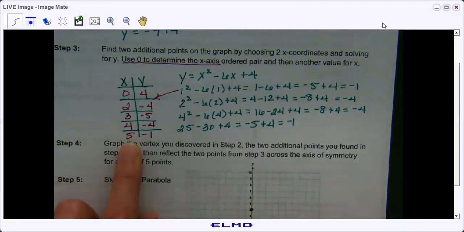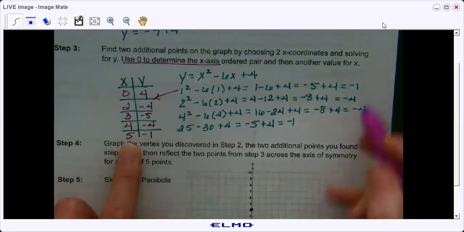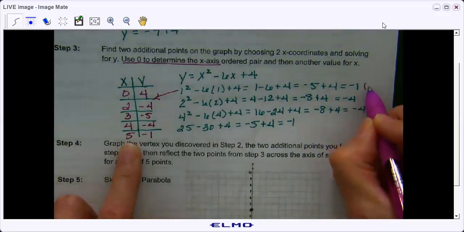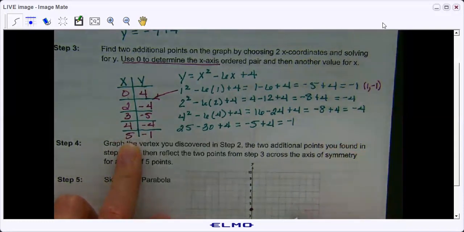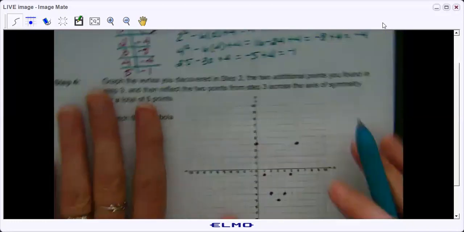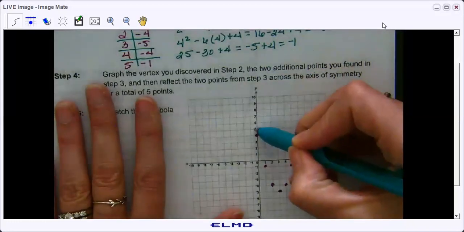And what if I would have chosen 6? Does anyone know what it would be if I chose 6? So if I have (1, -1) over here, I would have (6, -1) up here. Okay, so here's my parabola. I'm going to sketch it.